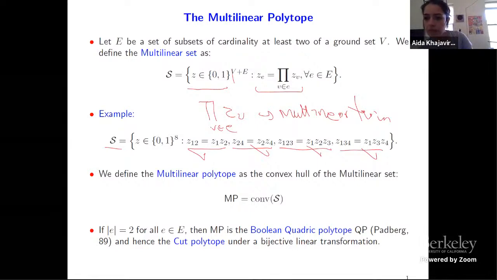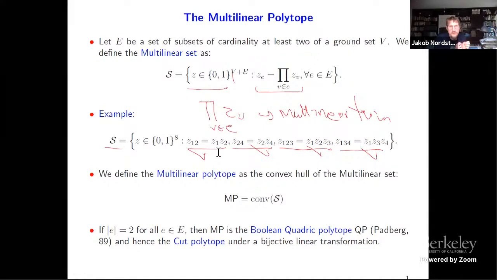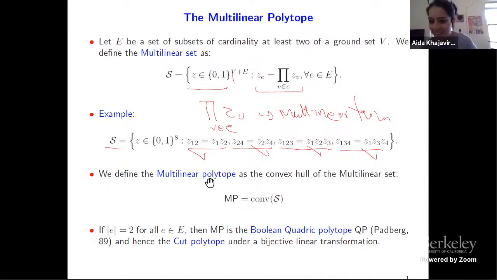Aida, just a question, since we're doing the setup now. Should we also be interested in linear sums of these z_12s and z_24s? Yeah, I get to that very quickly. You will see why. I can think of z_123 either as a new variable or just as a monomial of degree 3, if I like.